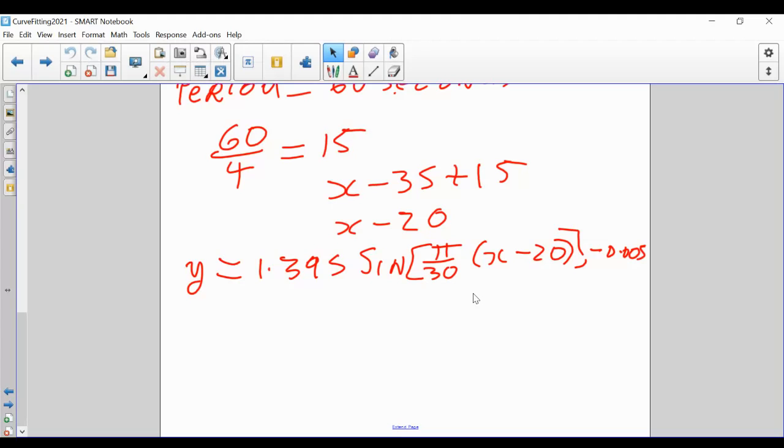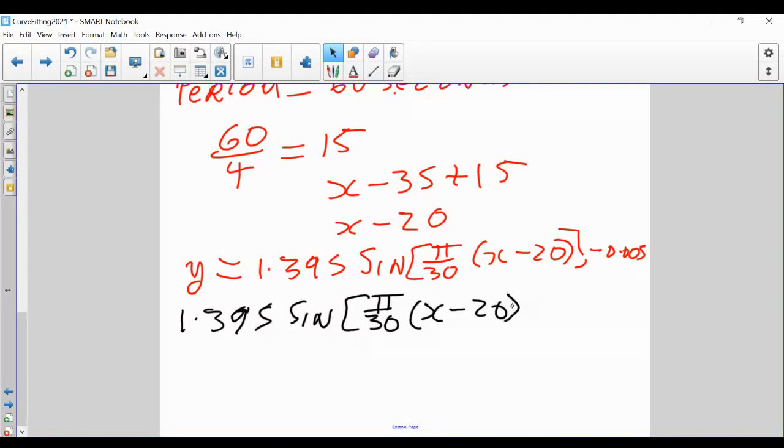So let's take this equation and set it equal to 1. 1.395 sine of pi over 30 x minus 20, minus 0.005 equals 1. Okay? So what does the question ask?